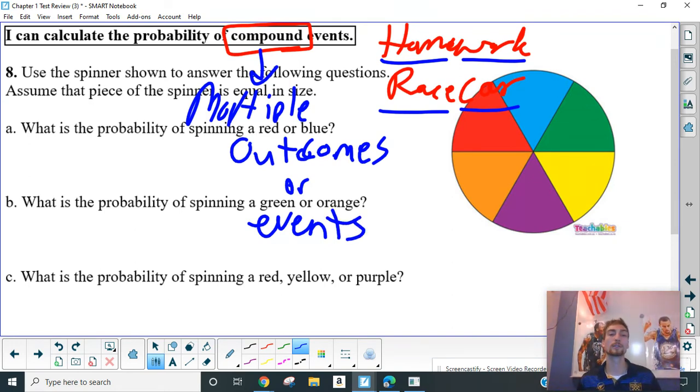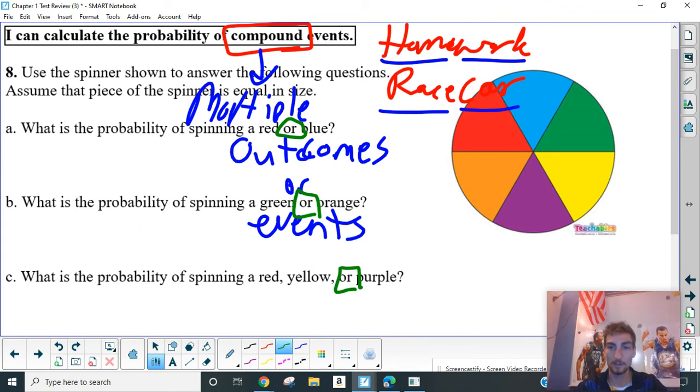And so when we're talking about multiple outcomes or events, you're going to see the key word "or." It's saying, if we're looking at problem A, spinning a red or a blue. Well, there's one red, and there's also one blue.